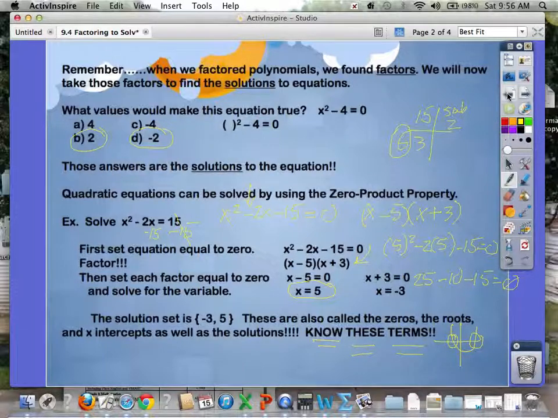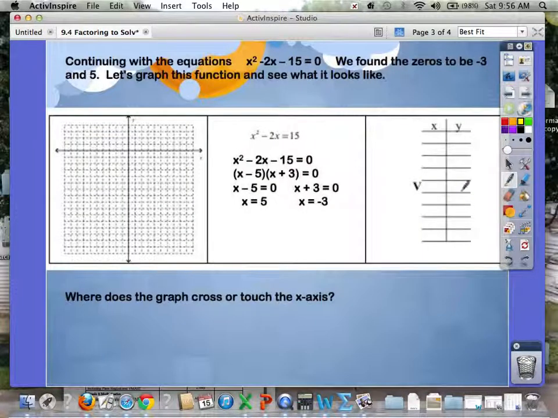Now we're going to take that information that we just found, and we're using the same equation. We found that the zeros were negative 3 and 5, and we're going to graph it and see what it looks like. I've already put the work back up here because we did it in the other slide.